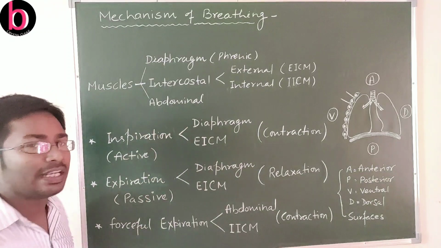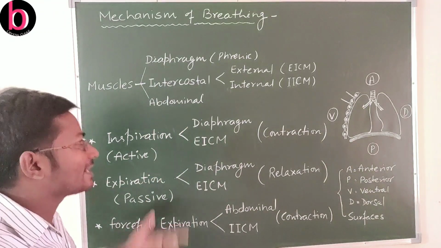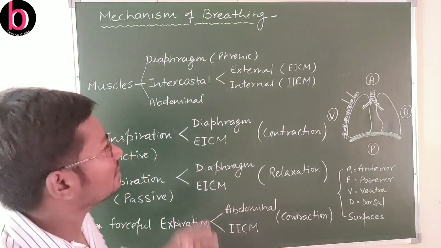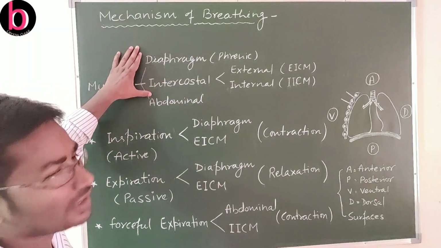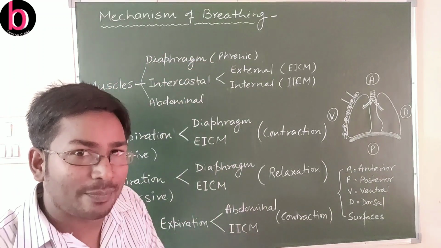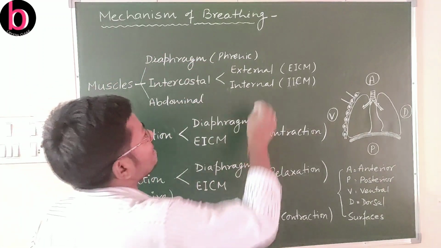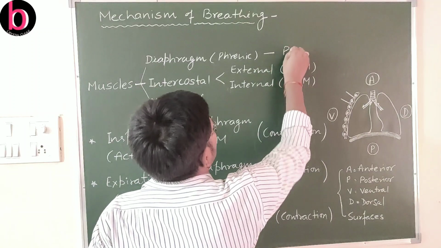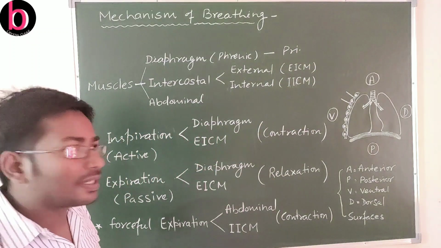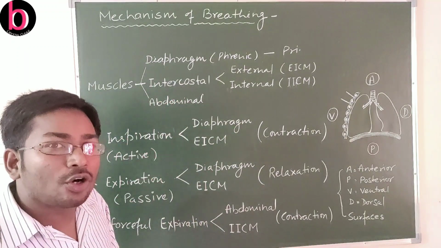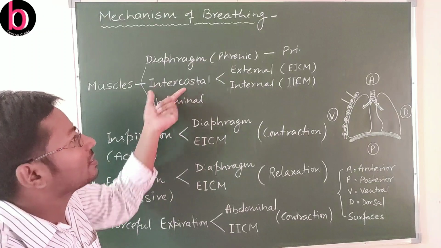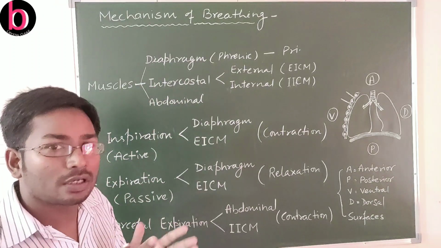Now the third one is abdominal muscles, that is located in the abdomen. So out of these three muscles, the major involvement is of these two: diaphragm, or phrenic muscles, or diaphragmatic muscles, they are considered as primary muscles for respiration, while intercostal muscles are considered as secondary muscles for breathing or respiration.